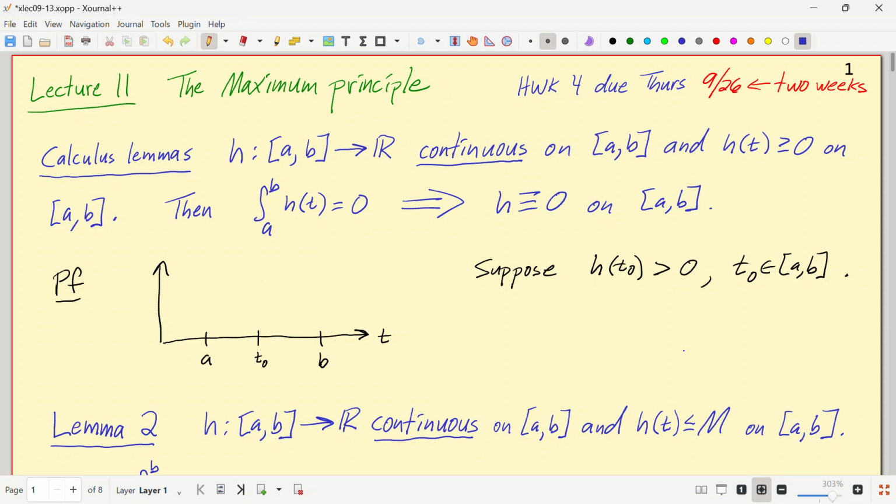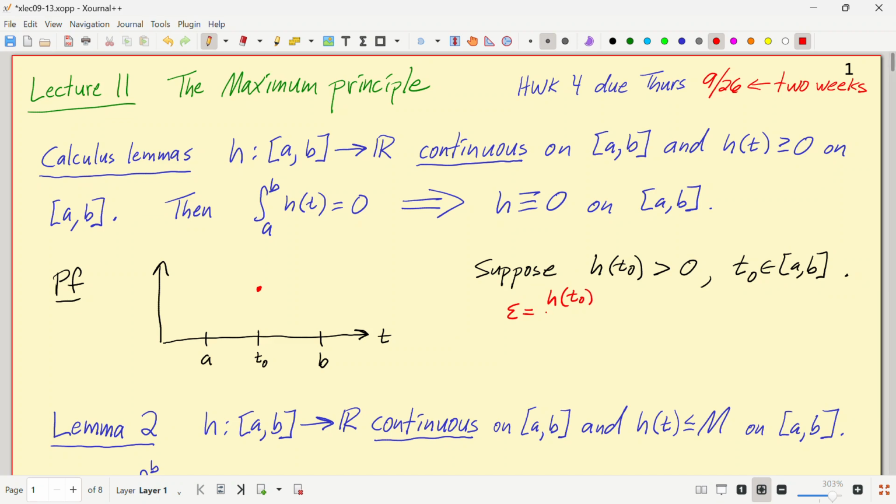It's the kind of thing we might do in freshman calculus and wouldn't be appreciated because it requires the real mathematical definition of continuity. Suppose that it was positive someplace, say right here at t naught. Because it's continuous, I would use the definition of continuity and take, could somebody close that door?